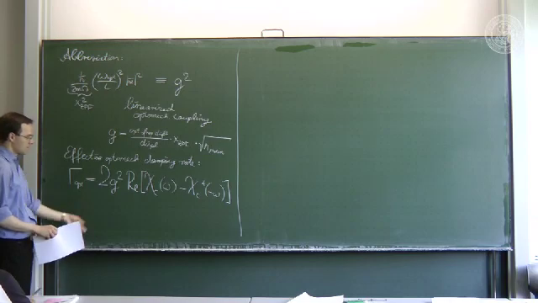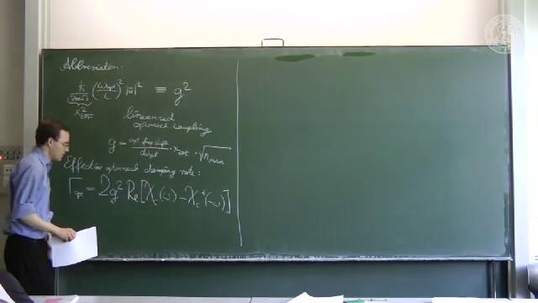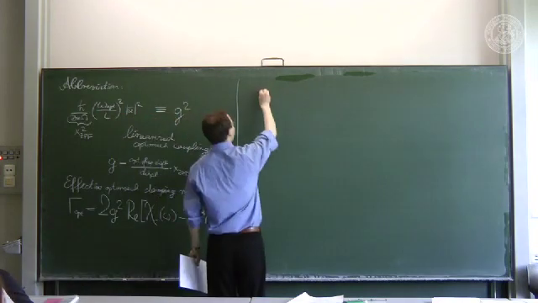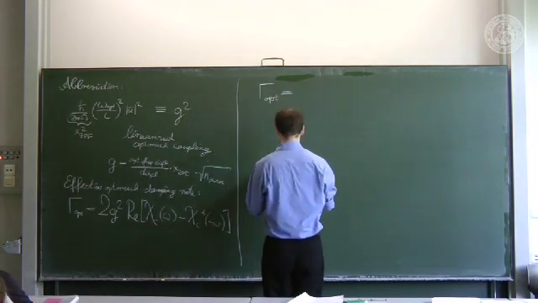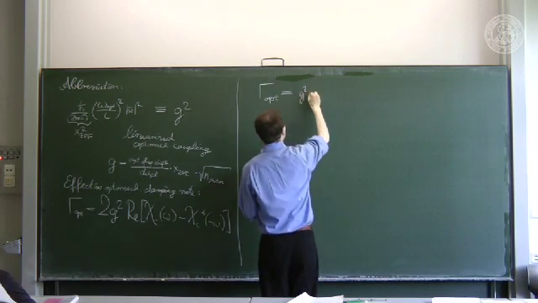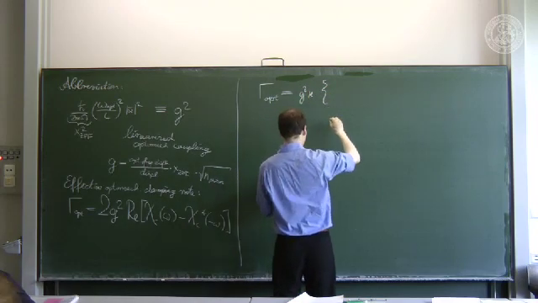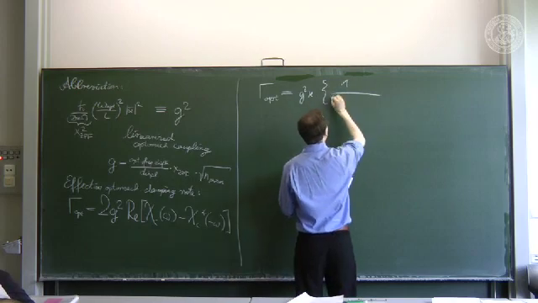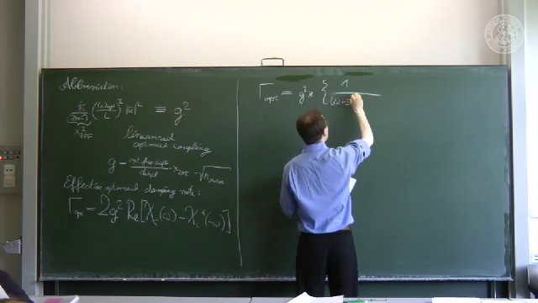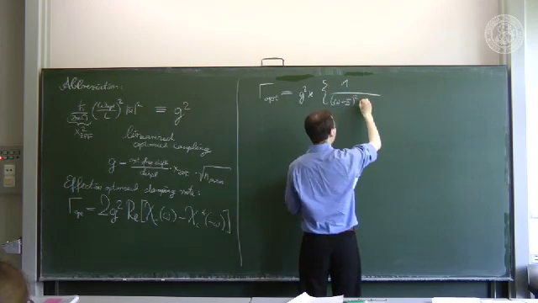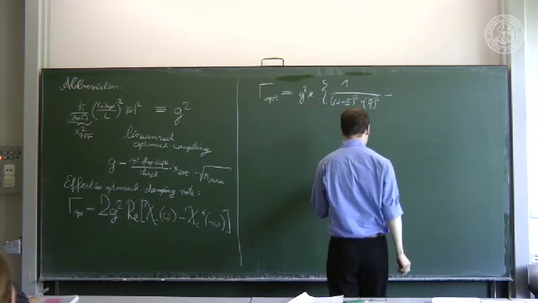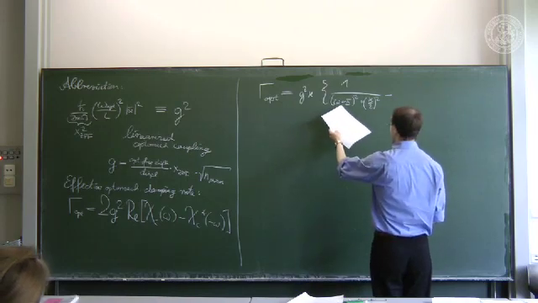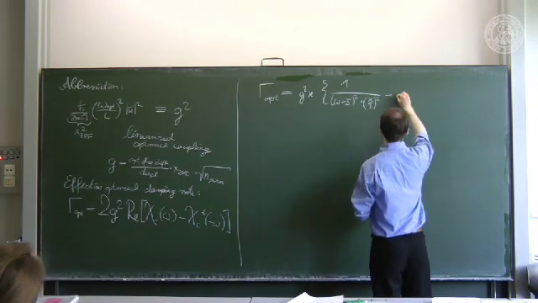So now you can insert the cavity response function and you find that optomechanical damping rate would be G squared times kappa times 1 over omega plus delta squared minus, is the same expression but with omega minus delta.